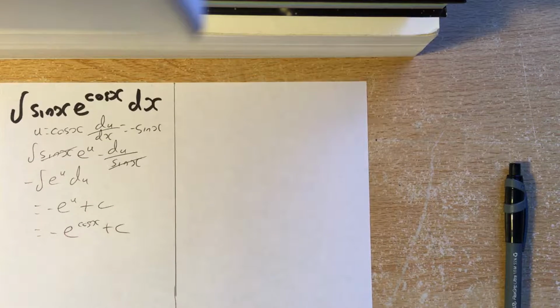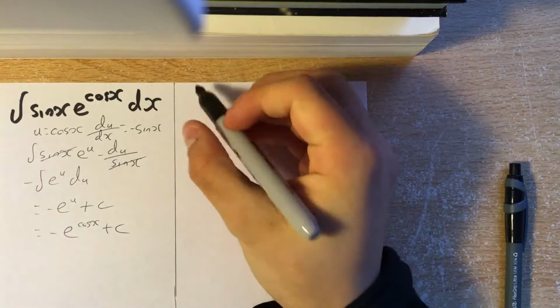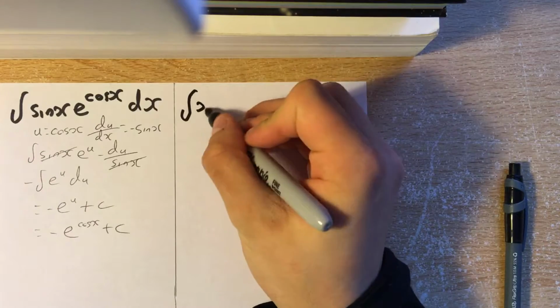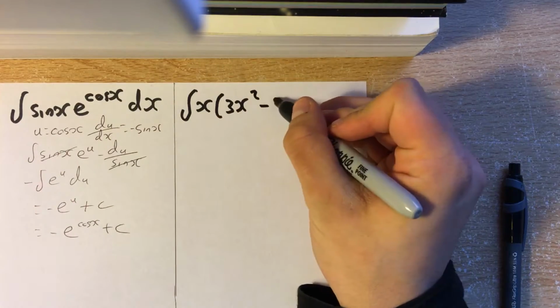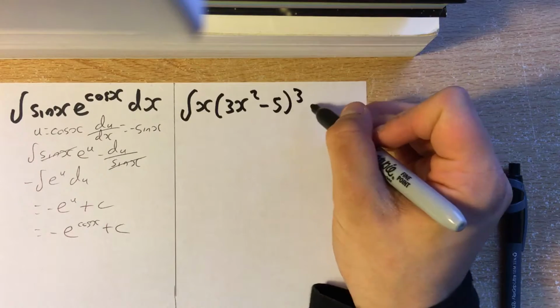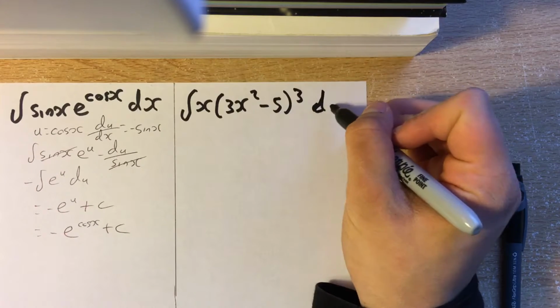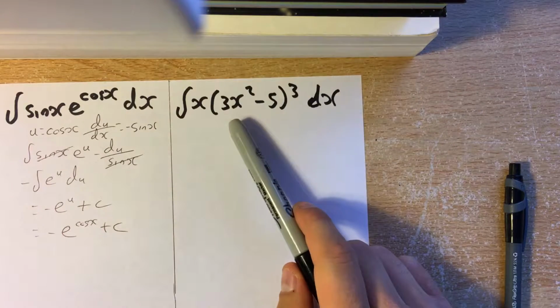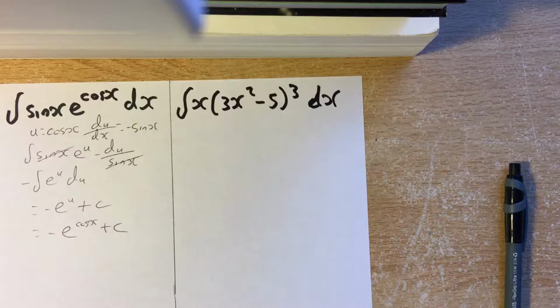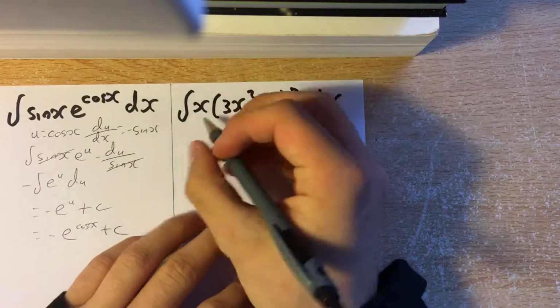So let's do one more indefinite integral. Let's say we have the integral of x multiplied by 3x squared minus 5 all to the power of 3 with respect to dx. Now, what tends to happen when we have something in brackets is that it usually is the u value. So let's give that a go.